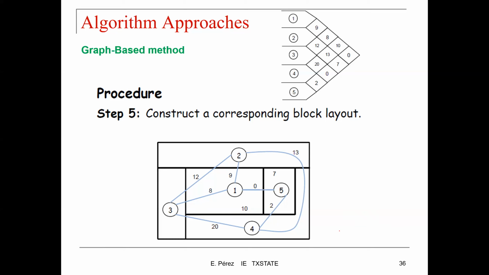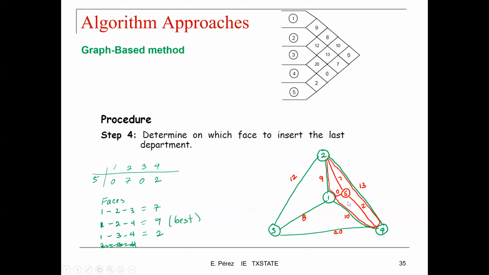So if you have the area of the departments, then you can plan for the layout using the area, and then you're going to base the location of those departments on this association of the graph, meaning that 2 and 1 have to be close to each other, 2 has to be close to 1 and 4, and so on.